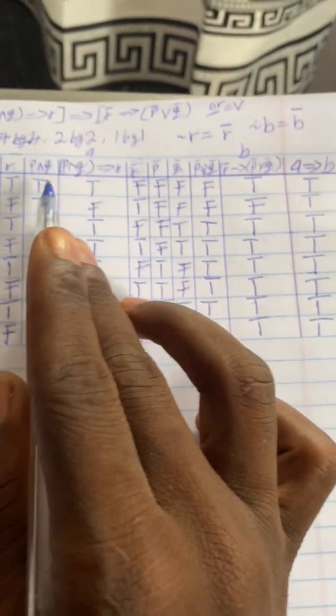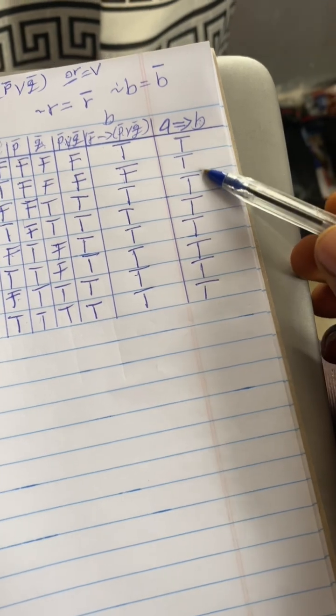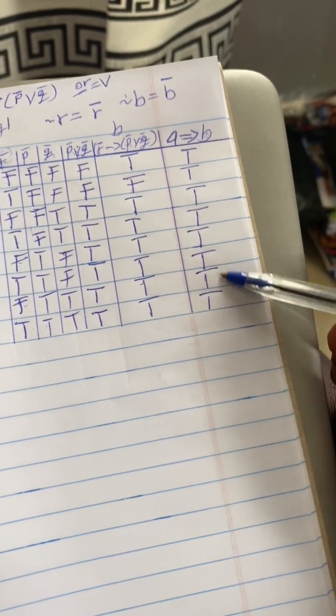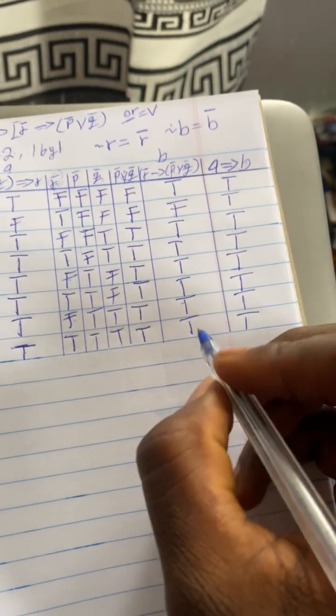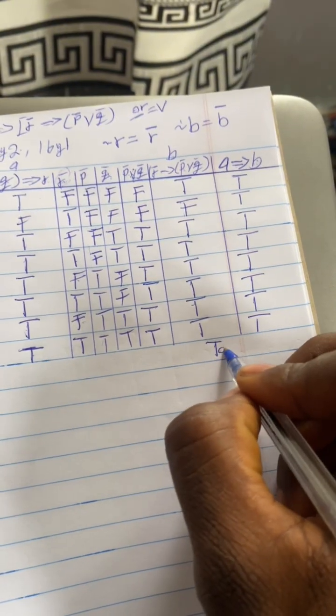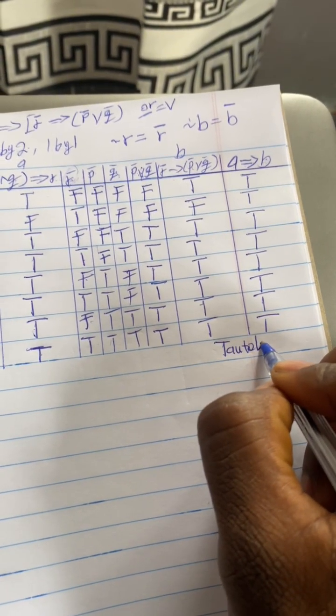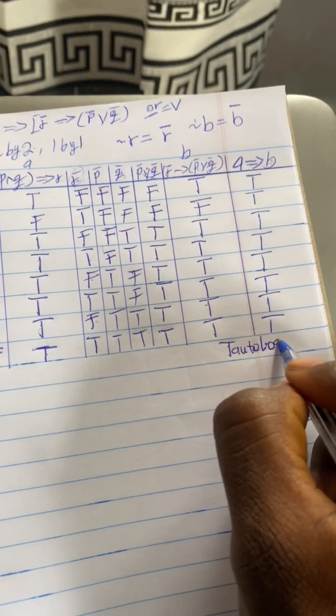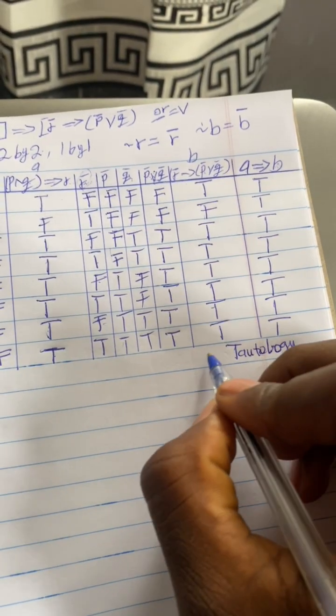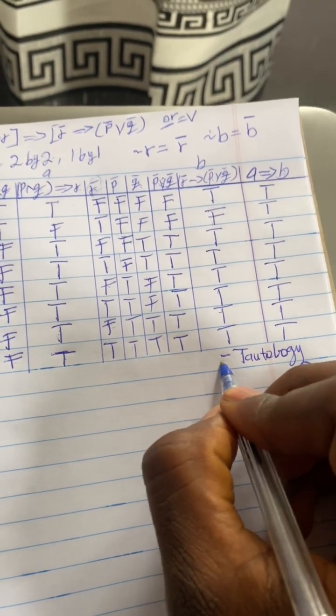So the question is, prove that this is tautology. So you can see all is true. So this is tautology. So this proves that this is tautology.